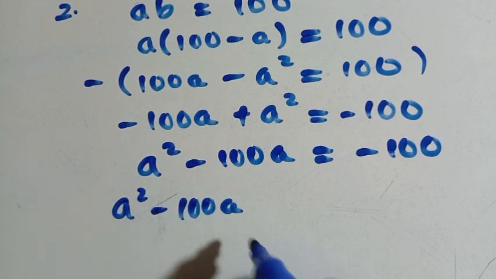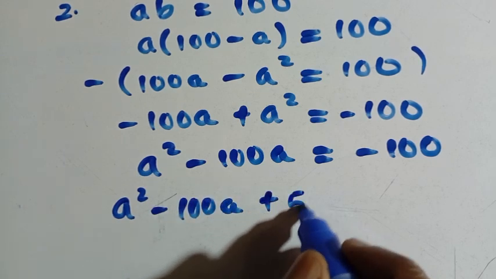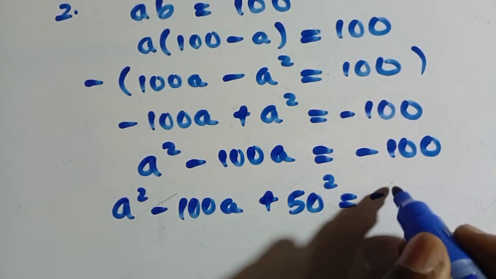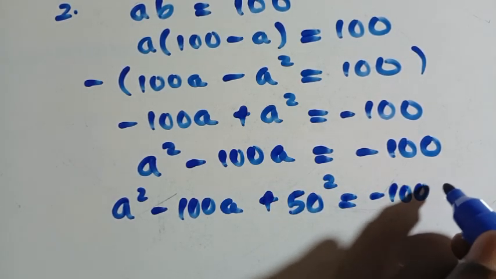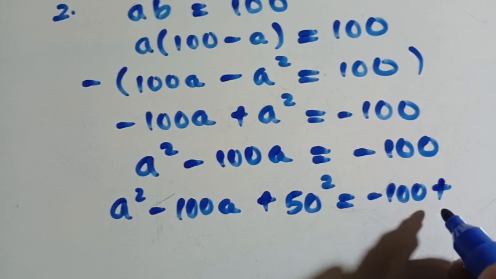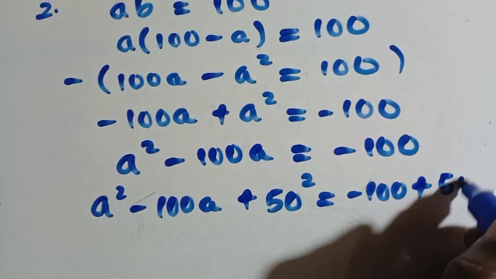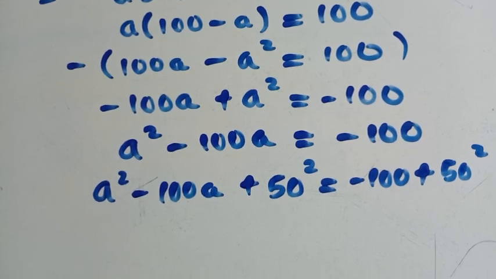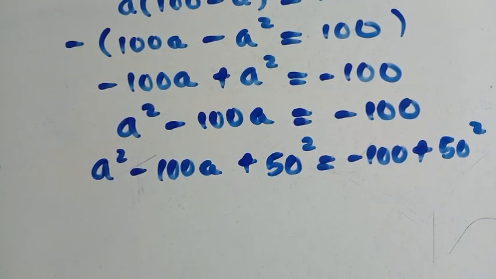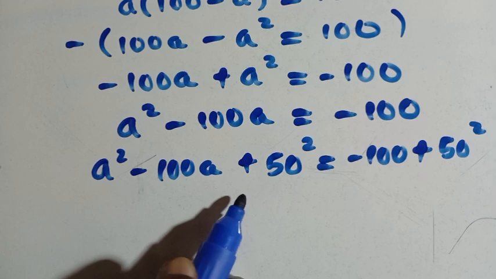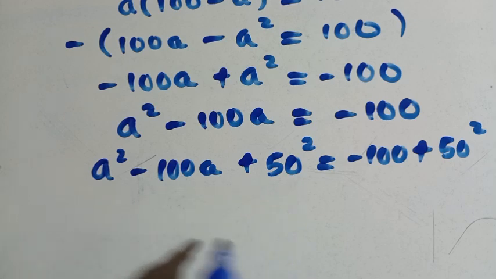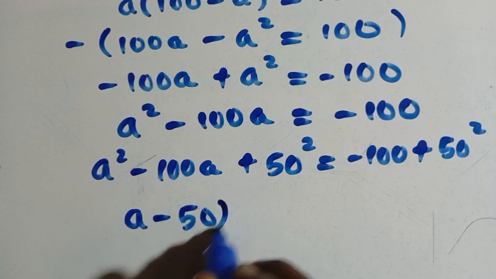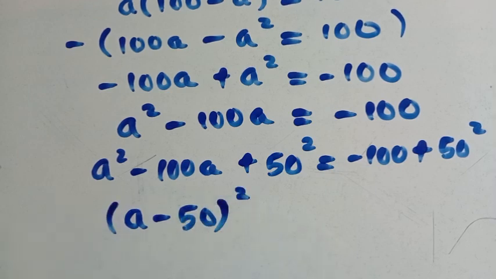Since I'm adding it to both sides, we're going to have this as 50 squared equals minus 1 plus 50 squared. So then from here, we have a squared minus 1a plus 50 squared, which we can write as a minus 50 all squared.